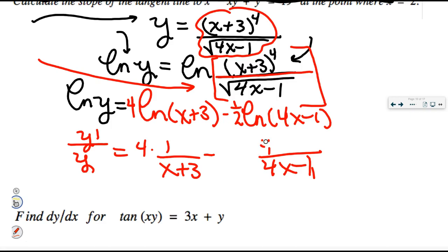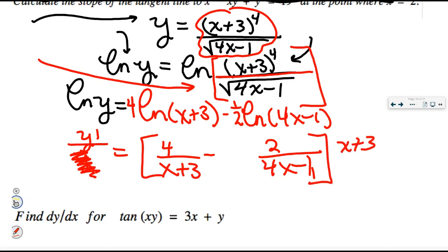Just take half the 4 and put a 2 here, maybe put the 4 nicer on the top. Basically, that's what y prime over y is, but I only want to know y prime. So I go like this, and I go times x plus 3 quantity to the 4th over the square root of 4x minus 1.